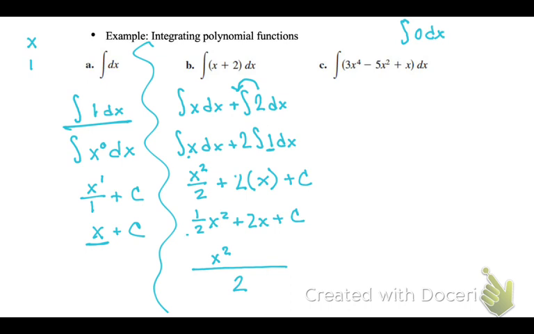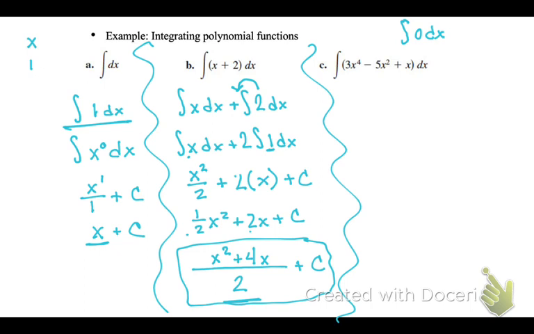So the 1/2 would reduce out, and the 2 would become a 4x. Yes? Now, do we have to do this? No. When we do some other things, that might be helpful from time to time. Okay?